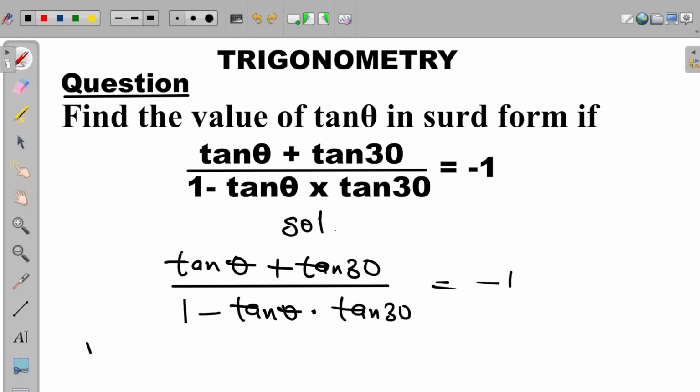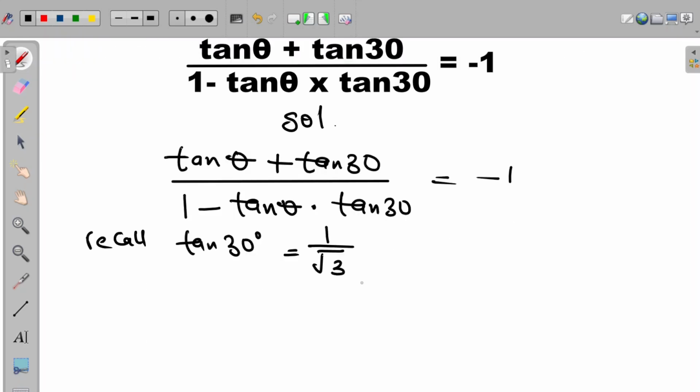But recall that tan 30 degrees is equal to 1 divided by root 3. So on that note, anywhere we see tan 30 in the question, we substitute by 1 divided by root 3.